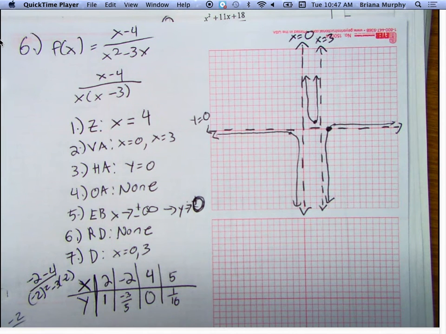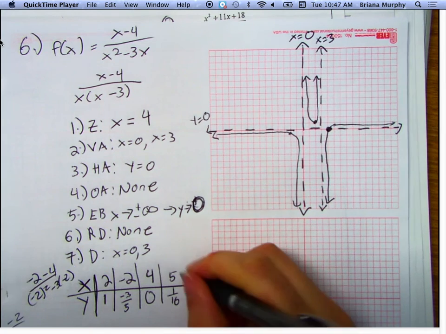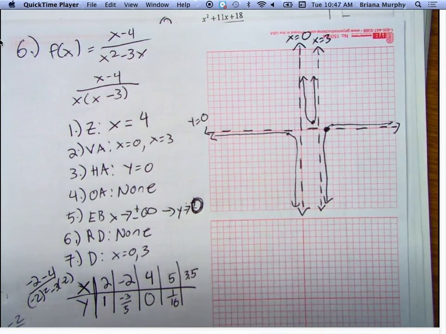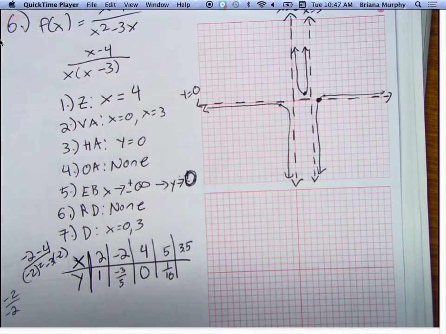So we would do 3.5. Okay. So we're going to do 3.5 minus 4 divided by 3.5 squared minus 3 times 3.5.